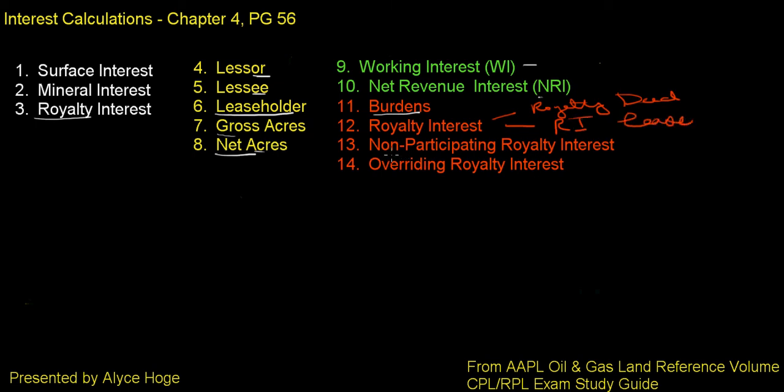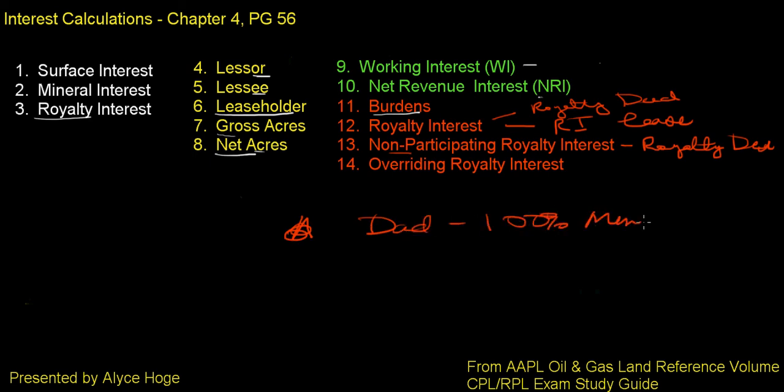A non-participating royalty interest is another kind of interest, and that is created only by a royalty deed. And the way it works is, just as an example, let's say that the dad owns 100% of the minerals, 100% mineral interest.